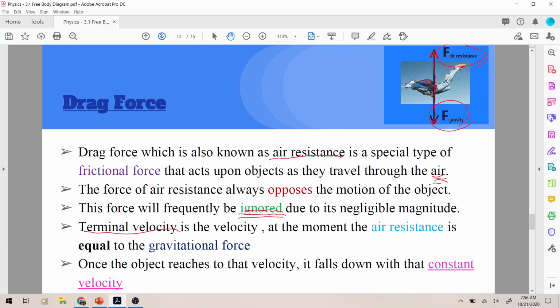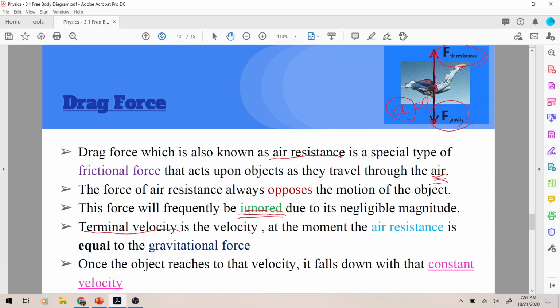And when force that is going down equal to force going up, what does that mean? You have no net force acting on it. So that means there is no acceleration. If there is no acceleration, what's the meaning of that? That means there is no change in velocity.